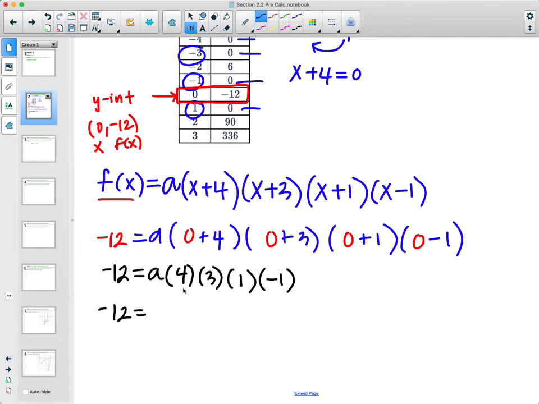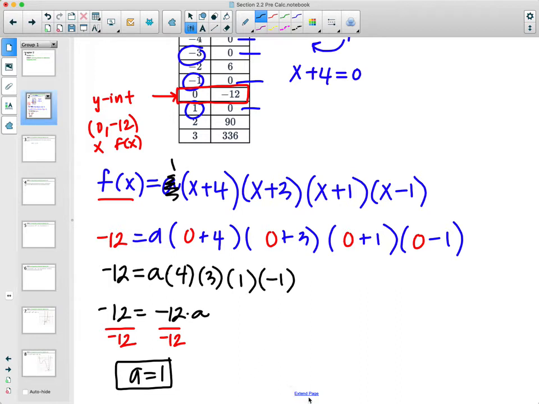So now we just have to multiply all of these together. 4 times 3 is 12, times 1 is 12, times -1 is -12, and then we still have that a. So then just divide both sides by -12 to find out here that our a value is simply 1. Okay, so then that will replace in here. We'll just get a 1.